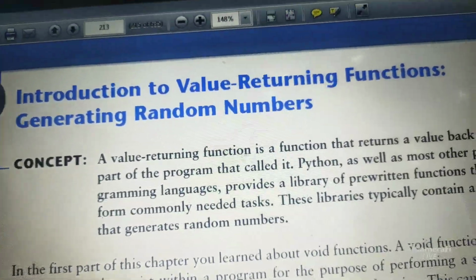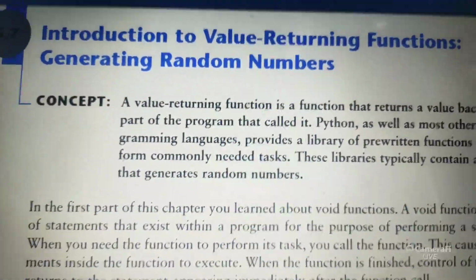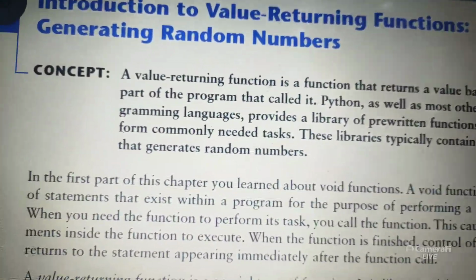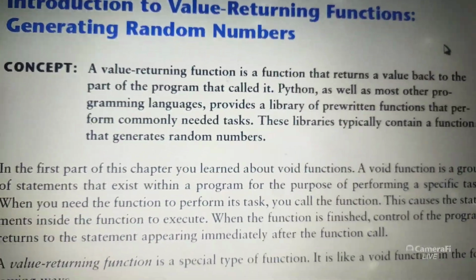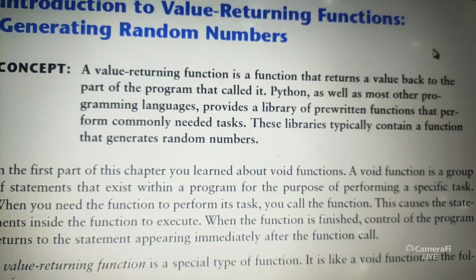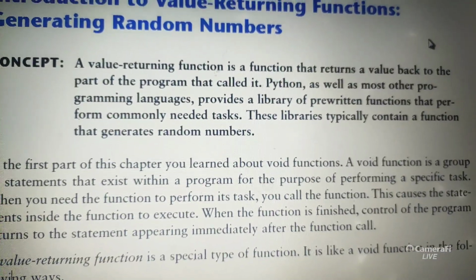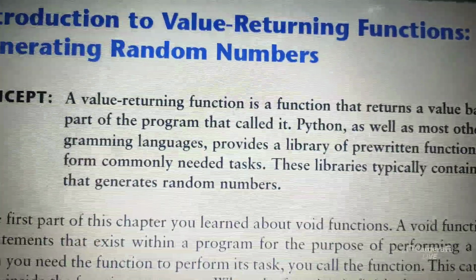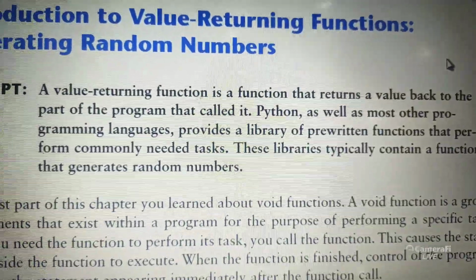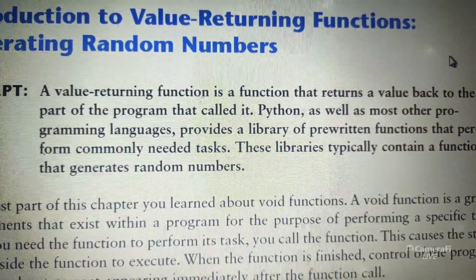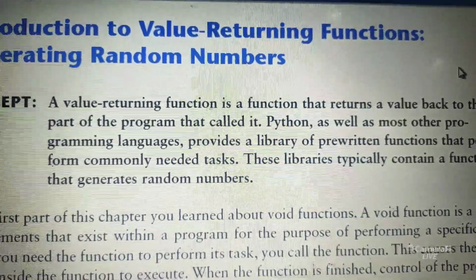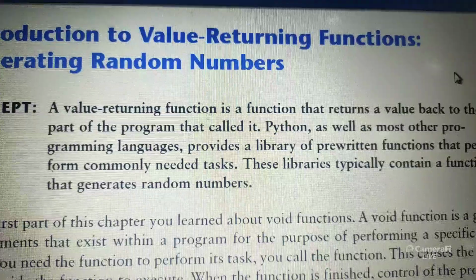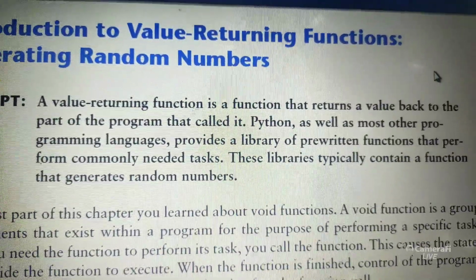Value returning functions return a value, like int add of int x comma int y, return x plus y. A value returning function returns a value back to the part of the program that called it. The calling function calls a function, and the called function returns the value. Square root of 4, for example, returns the value 2.0 in C language.